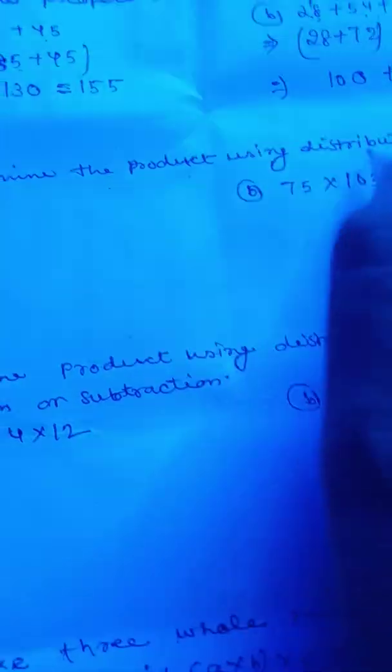Now the question number 2. Determine the product using distributive property. The first question is 208 into 9. In order to solve this question using distributive property, we just apply a formula here: A into (B plus C) or A into (B minus C).